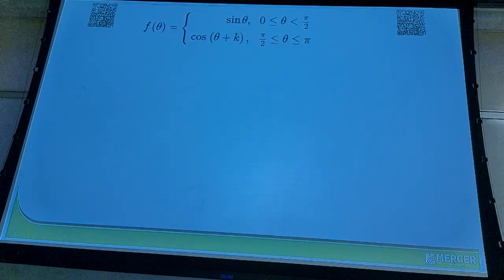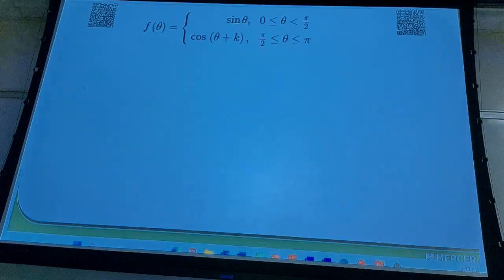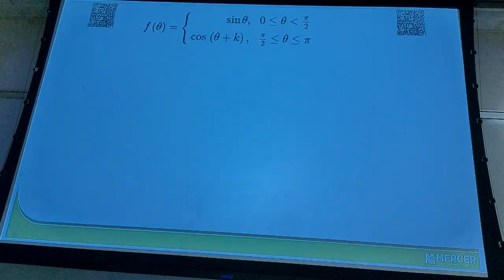We want to make that function continuous at pi over 2. Well, keep in mind that k is a real number.